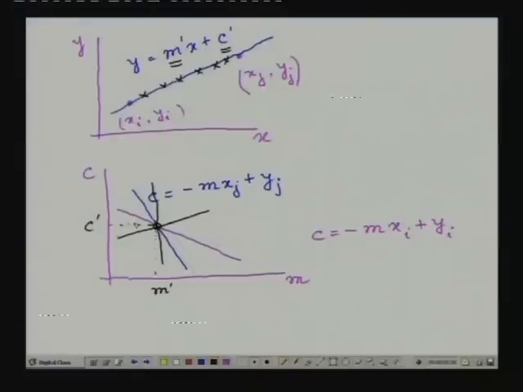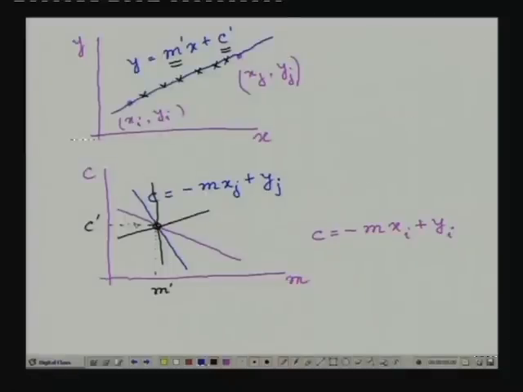Now, how do you compute this Hough transformation? So far what we have discussed is in the continuous domain, that is, our assumption is that m and c are continuous variables. But in our implementation, since we are considering the digital case, we cannot have continuous values of m and c.